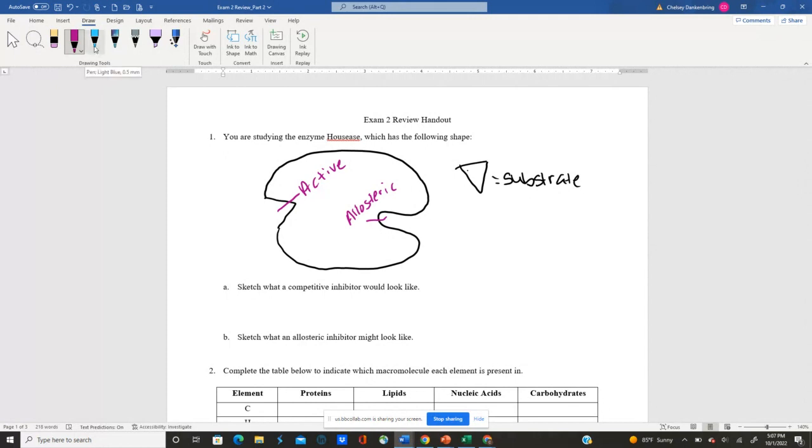If we know the substrate binds to the active site, and we identified the active site because it has a similar shape to the substrate, think about what competitive inhibition means. Can somebody define competitive inhibition for me?